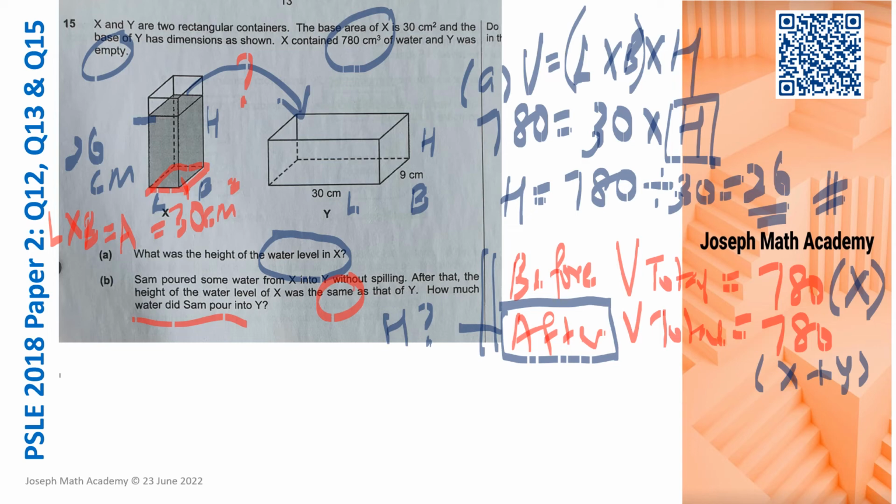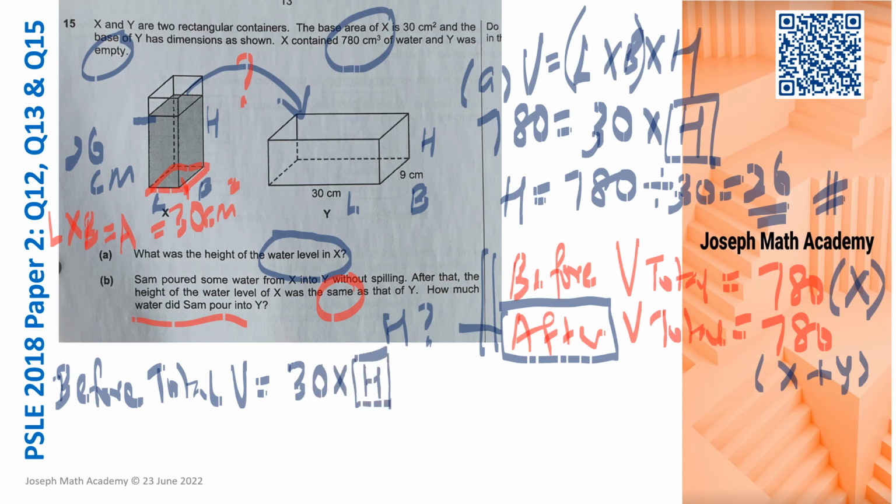Now the total volume is in container X alone, so base area times the unknown height. No, not the before volume, the after volume now. Let me rewrite this one.